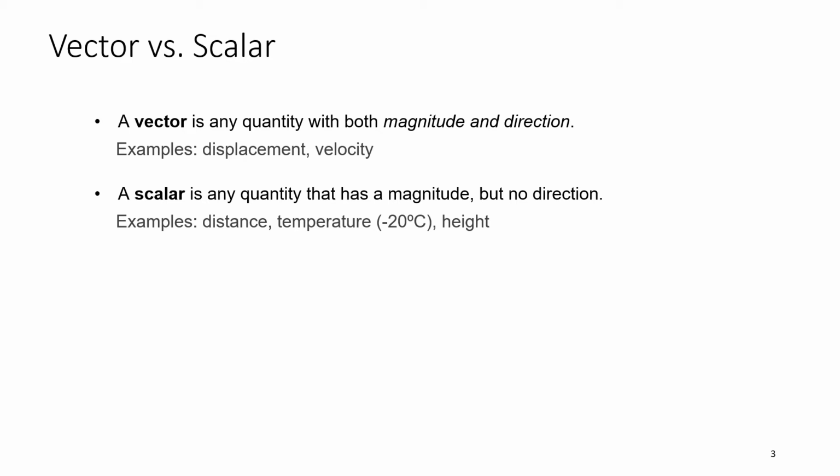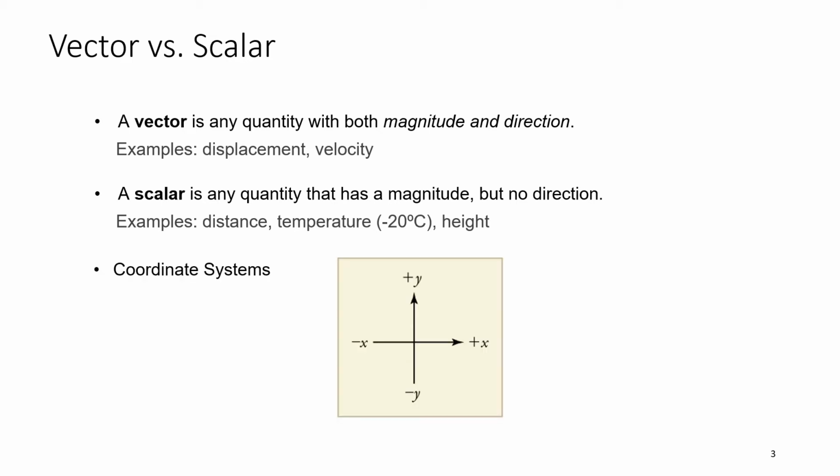In order to describe the direction of a vector quantity, we must designate a coordinate system within a reference frame. The direction of a vector in one-dimensional motion could be simply represented by a plus or minus sign.